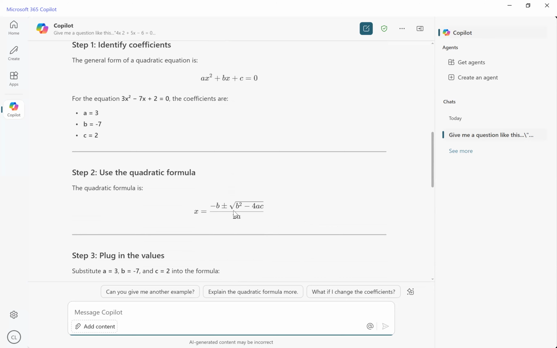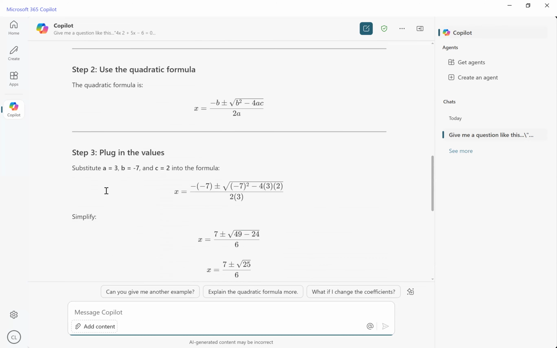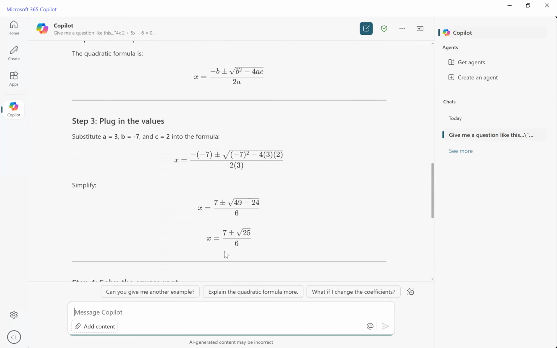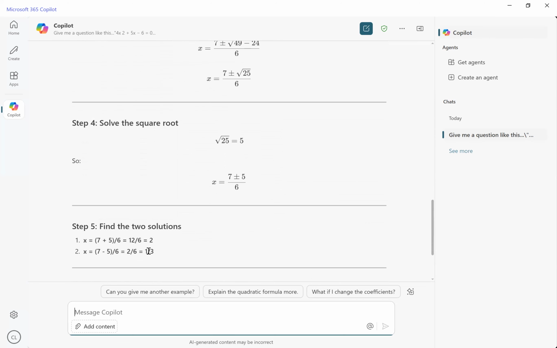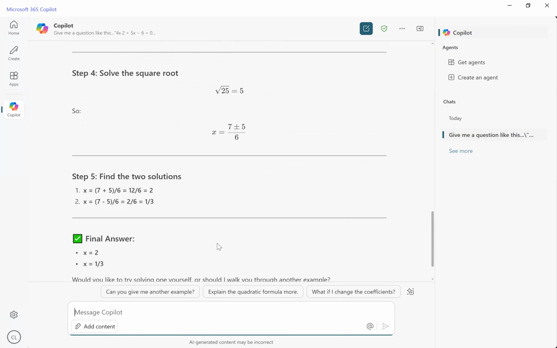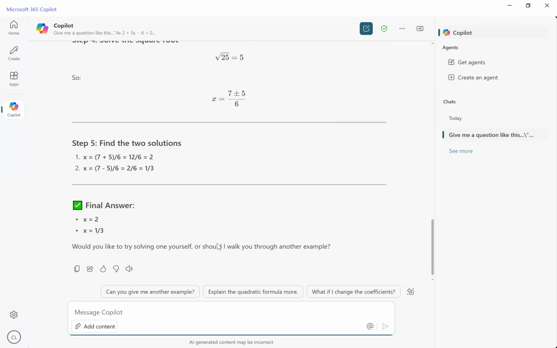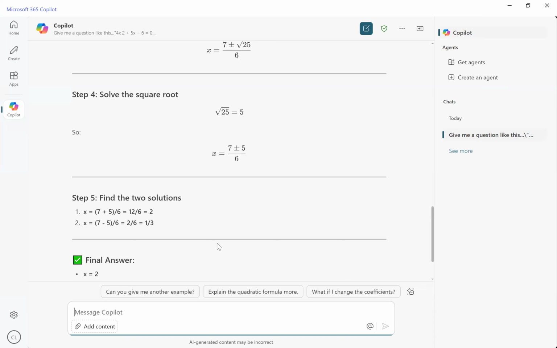We didn't even do that in class, but y'all know how to do that, right? Negative b plus or minus square root of b squared minus 4ac, divided by 2a. Plug it in, little math, pop, pop, pop, and then boom, there goes your two answers, right? 2 and 1/3. You can do that for every single question.